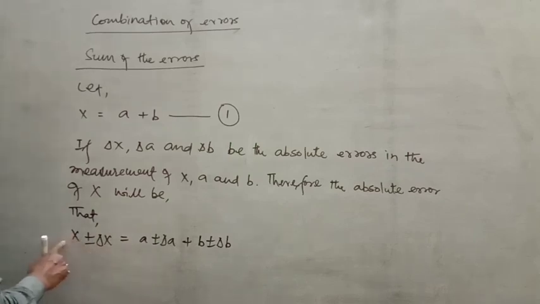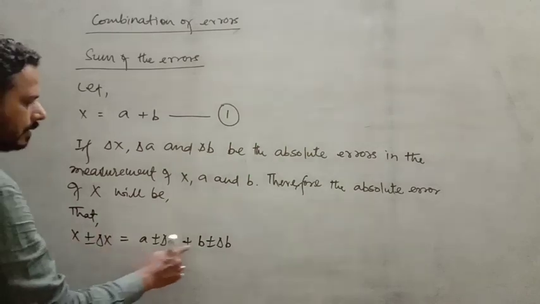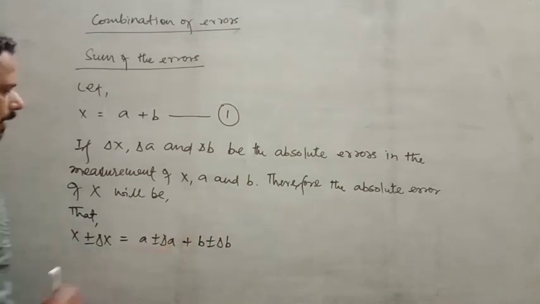Because we have added in x its absolute error. So in same manner you have to add in different measurements with its absolute error.